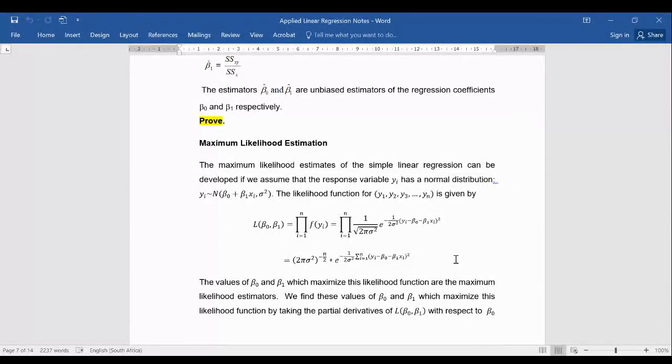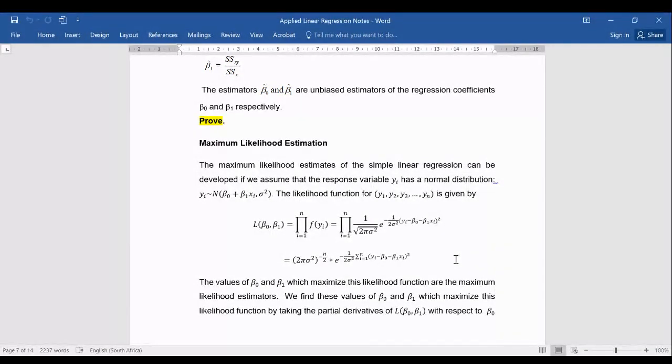The maximum likelihood estimate of the sample can be developed if we assume that the response variable has a normal distribution. So we know that the response variable yi has a normal distribution because the errors are normally distributed.